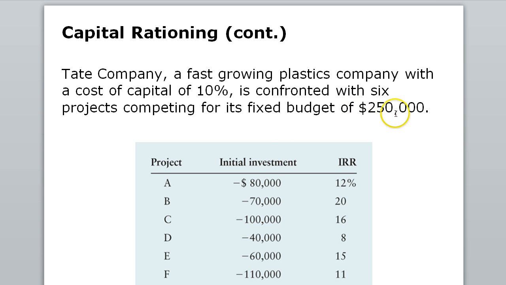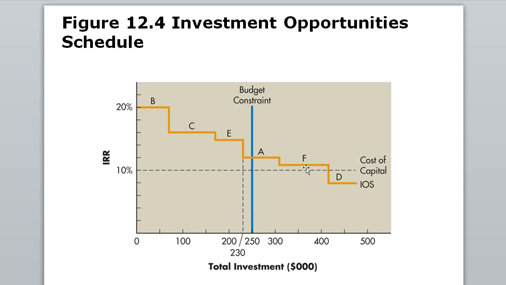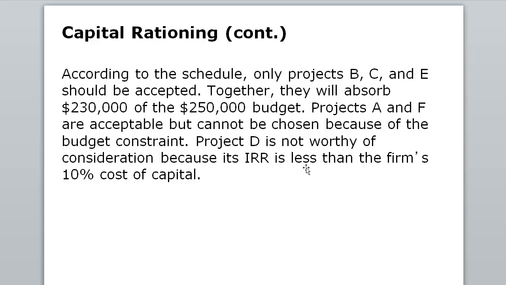But we have a fixed budget of 250,000, so it's sort of a puzzle. Which is the best selection of projects to maximize the company's profits? So we talked about the IOS schedule, but generally it's not the best methodology for improving the company's wealth.